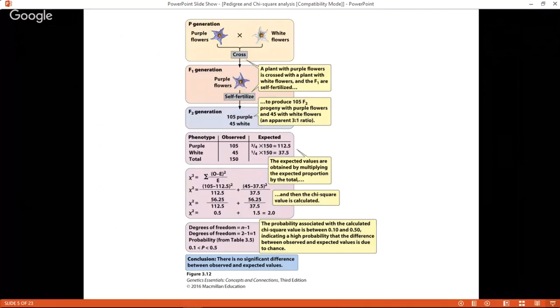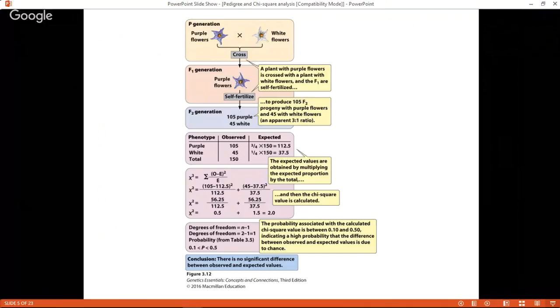That gives you 56.25 over 112.5, so your x squared equals 0.5 for the purple. Then you do the same for the white: 45, your observed, minus 37.5, your expected, squared, divided by your expected. Once you do the calculation, you should get 1.5. Then 0.5 plus 1.5 equals 2.0. I added the purple plus the white to get 2.0, and that is how the chi-square value is calculated.